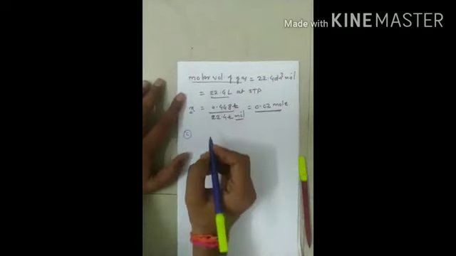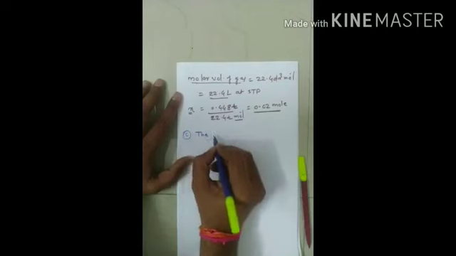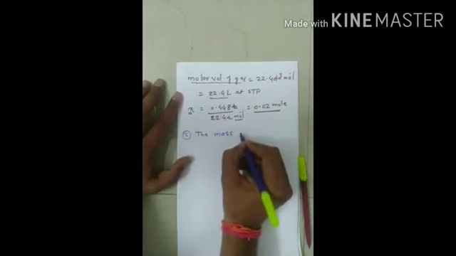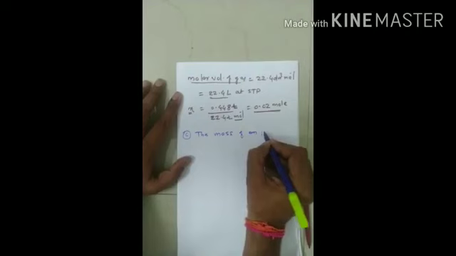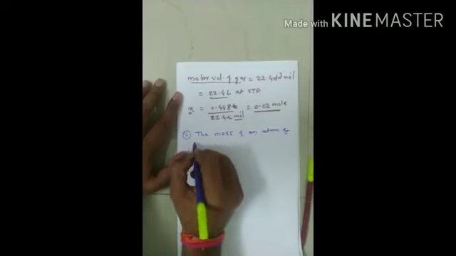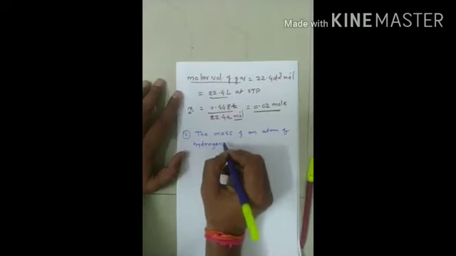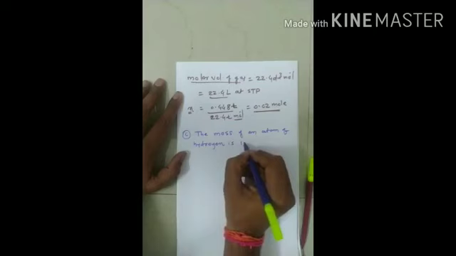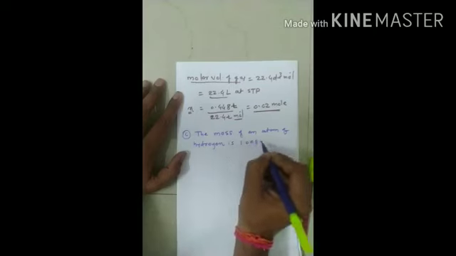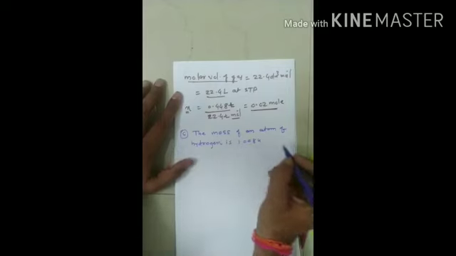Now the question is like this: the mass of an atom of hydrogen is 1.008 U, or we can write it as AMU.